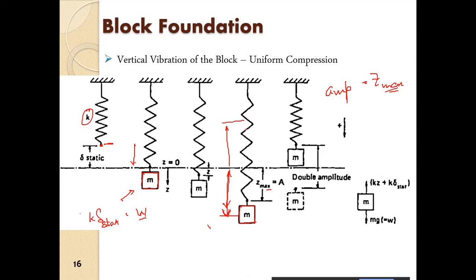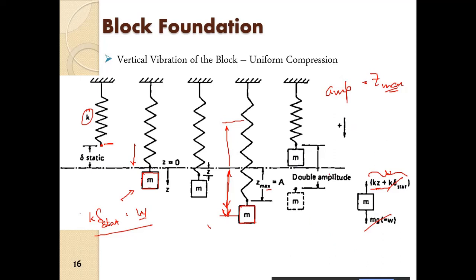So from that time what will happen? So obviously this will be the force acting on the mass. Now we know W is equal to k delta static, so we can cut off these two. Alright, these two will negate each other. So ultimately we have a force kz.